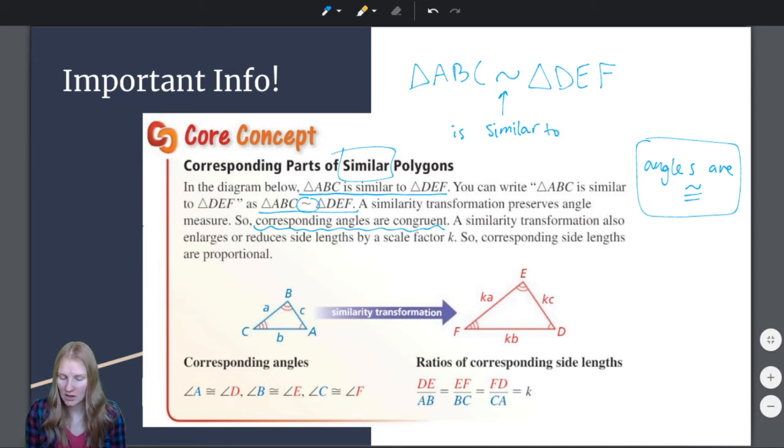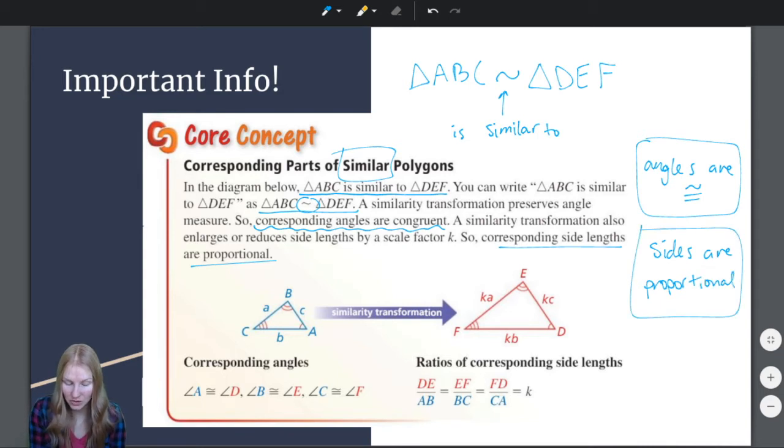And a similarity transformation enlarges or reduces side lengths by a scale factor k. So, corresponding side lengths are proportional. Angles are congruent, sides are proportional.